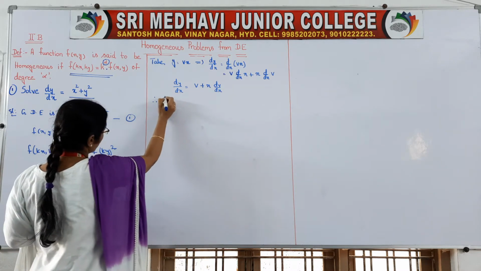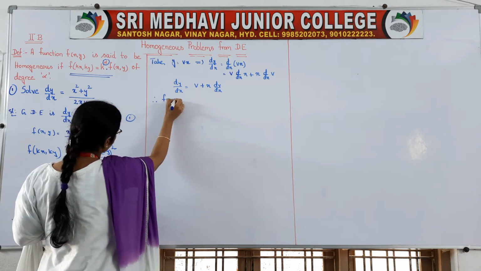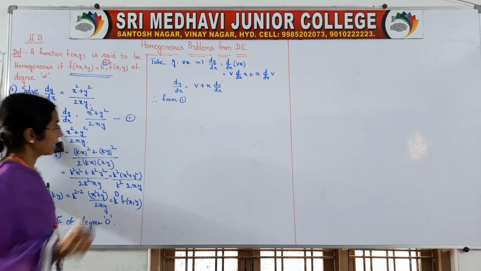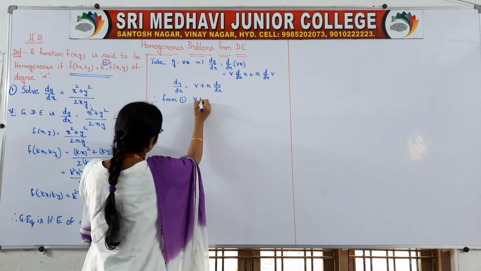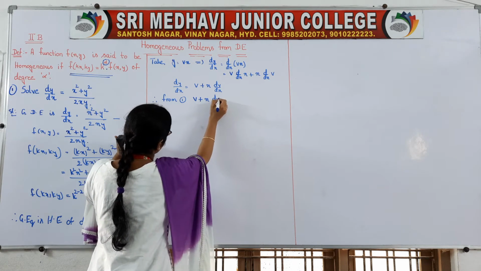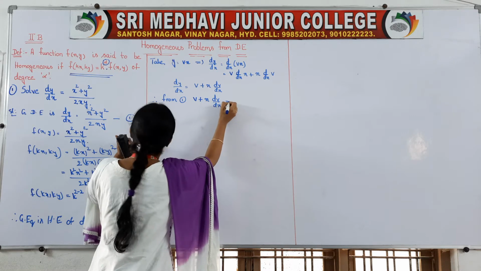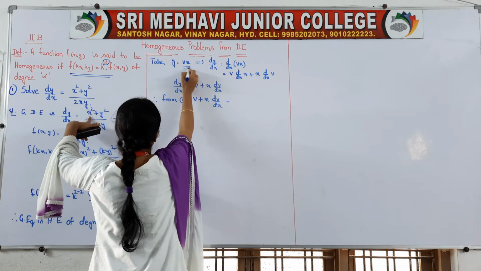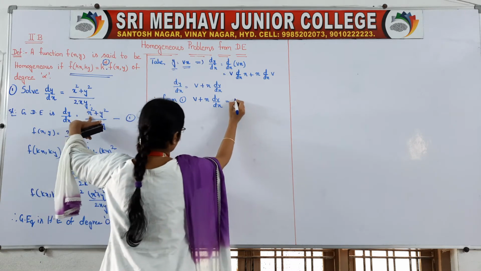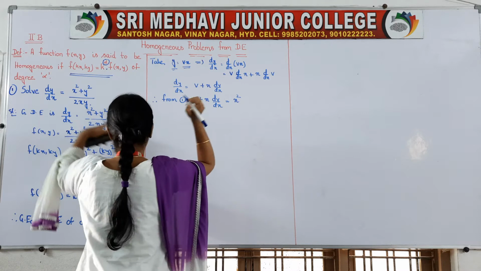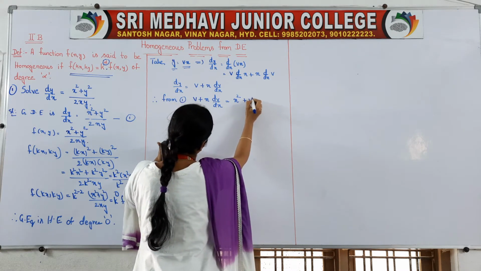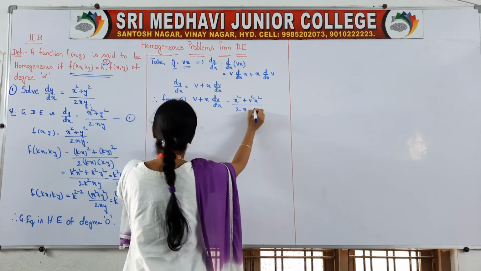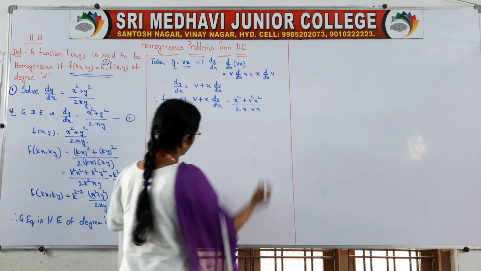Therefore from the first equation, what is your first equation? dy by dx. So dy by dx is v plus x into dv by dx is equal to, wherever y is there we have to take vx. So it is x square plus y square, that is v square x square, by 2x into y, which is vx.